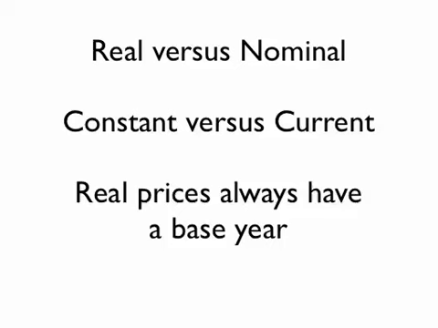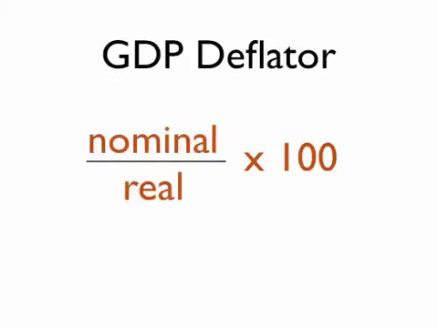We want to use real versus nominal, or constant dollars versus current dollars. Real prices will always have a base year. The GDP deflator helps us analyze this, and the formula is simply the nominal divided by the real times 100.